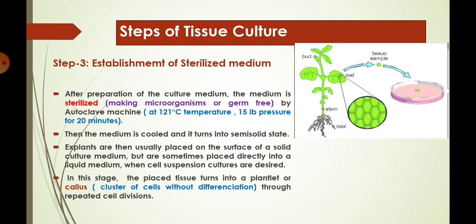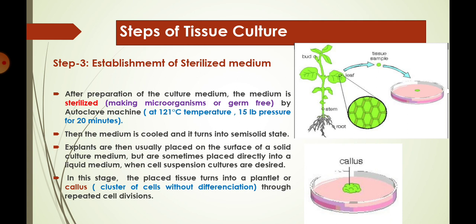By this time the culture medium or nutrient medium will be germ free. That is, this temperature and pressure will kill all the microorganisms inside the medium. And then the medium is cooled and it will turn into a semi-solid state.